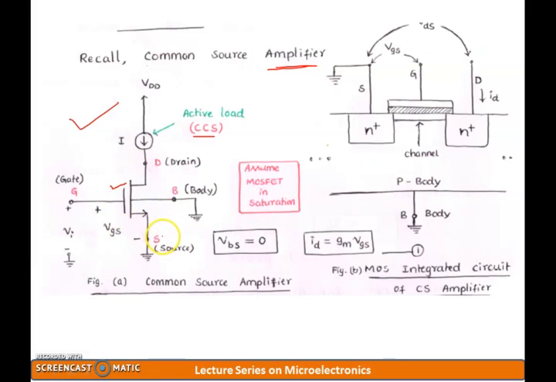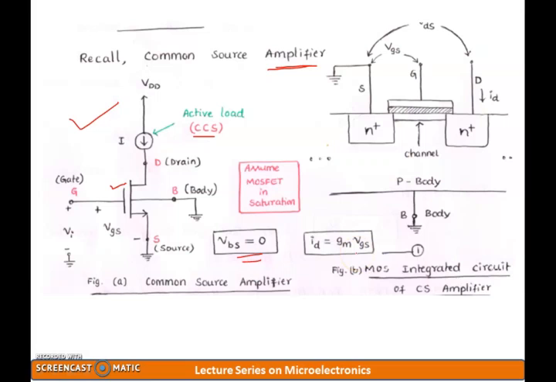There are a few things that I need to assume on top of the MOSFET being in the saturation region. That is VBS, the voltage between body and source, I assume to be 0, and ID can be given as gm into VGS.